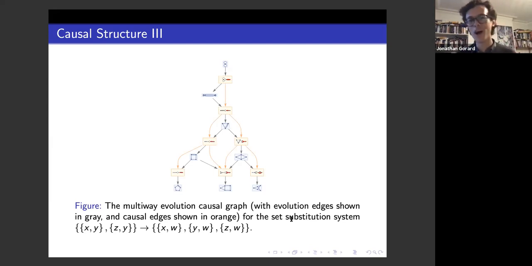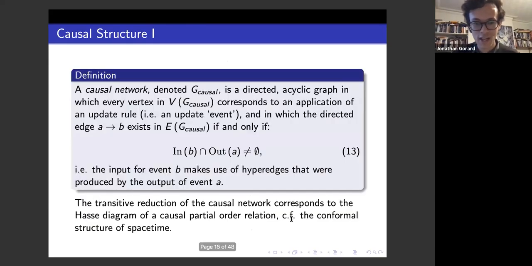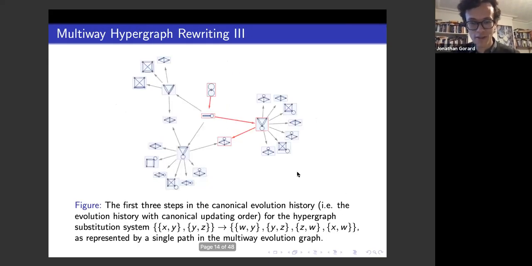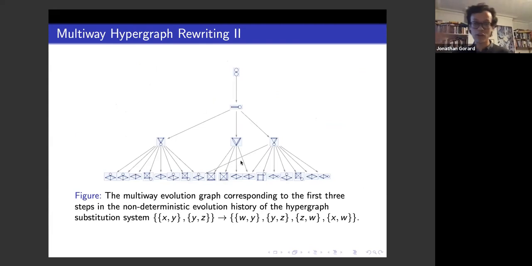And there are other hacky fixes for that. For instance, when I showed earlier one of these multiway evolution graphs, I mentioned that we were merging these vertices based on essentially hypergraph isomorphism. One hacky fix that you can do is you can just say only merge vertices based on hypergraph isomorphism if they exist at the same time step.